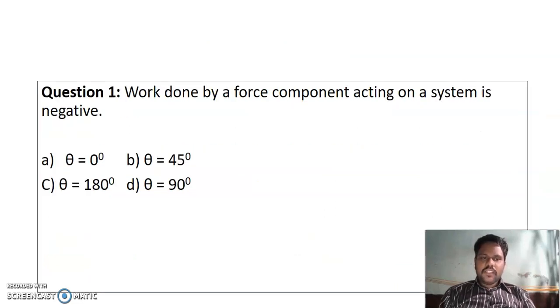Now let's have a small MCQ. Question number 1. Work done by a force component acting on a system is negative when they are in opposite directions, that is, theta is equal to 180 degrees.